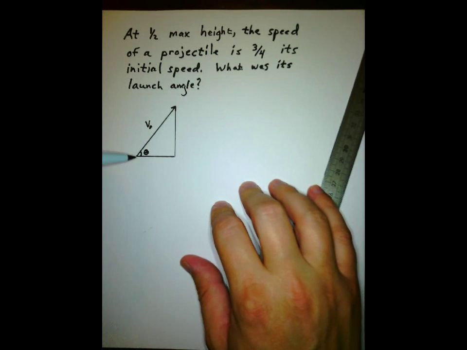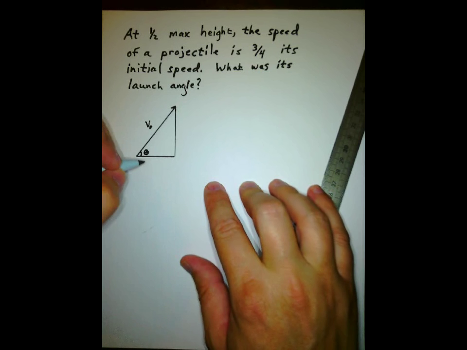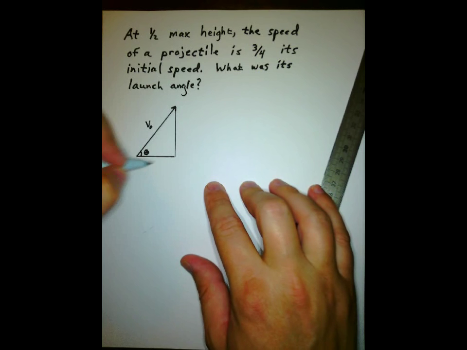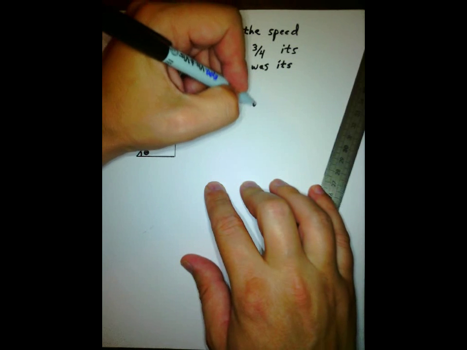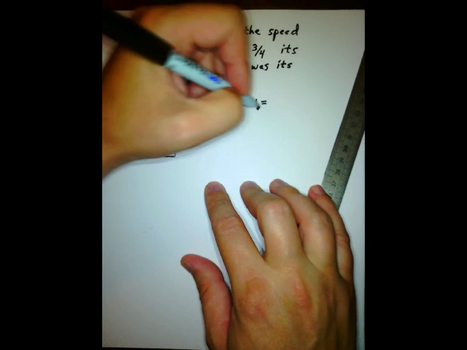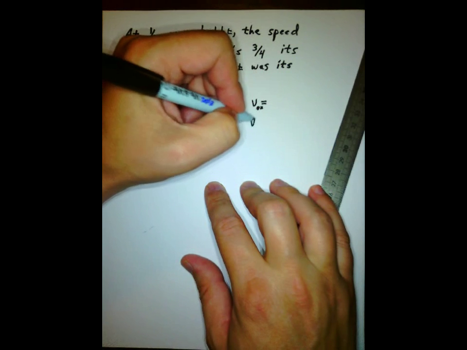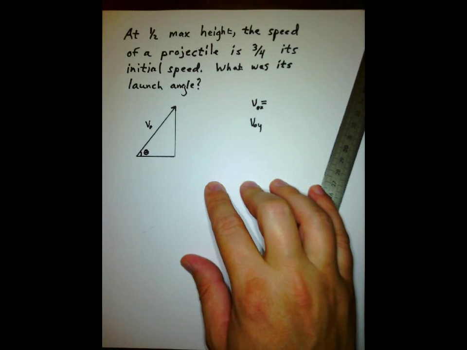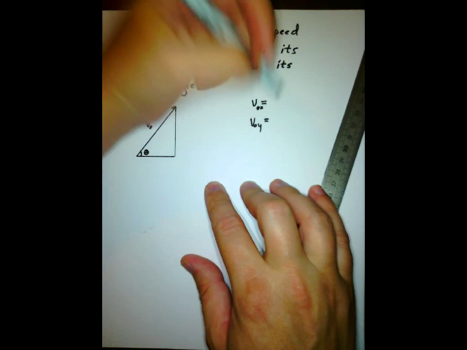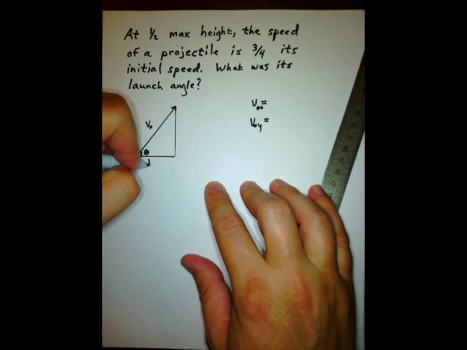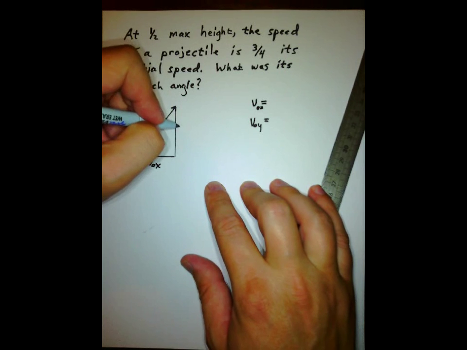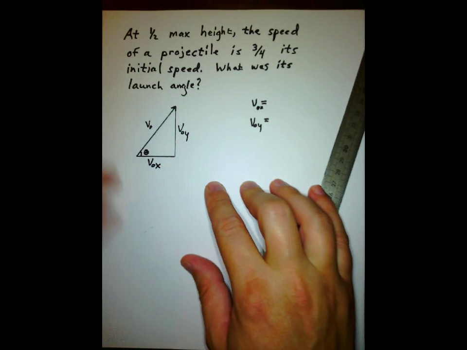Then the horizontal component, we would call v naught x, and the vertical component v naught y, and we would put v naught x right here and v naught y.